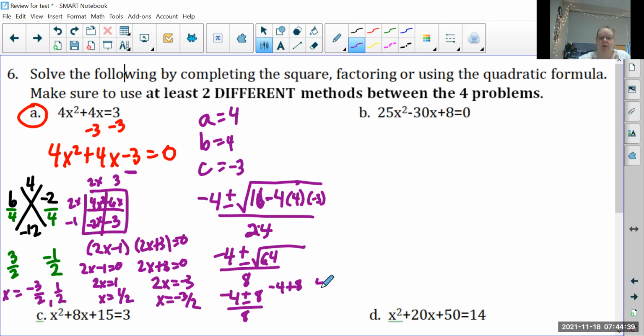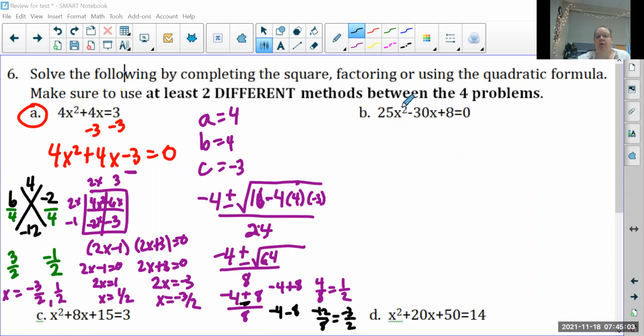That would give me 4 divided by 8 can be reduced to 1/2. And then I would do negative 4 minus 8. When I do that, negative 4 minus 8 is negative 12. And then I divide that by 8. And that will give me negative 3/2. So all three ways I get the same answer, 1/2 and negative 3/2. You only have to do it one way. That was just me showing you all the different ways to do that one.